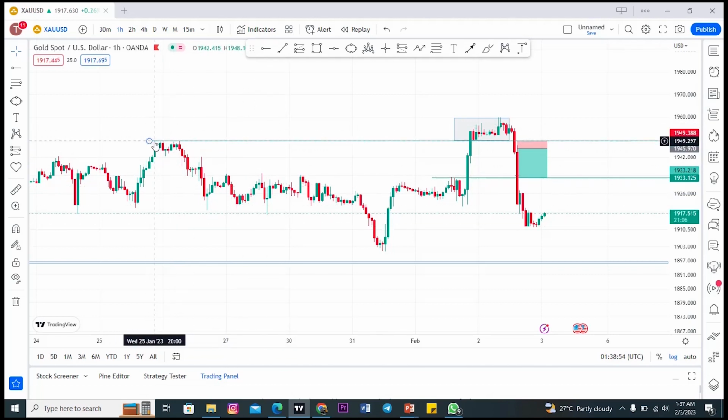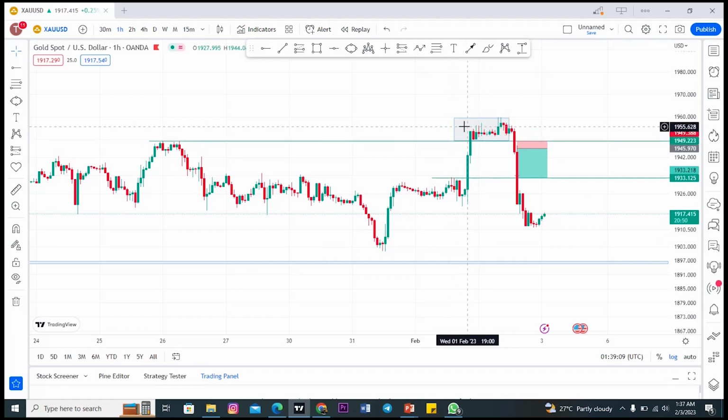This resistance line or zone is simply placed here because when price retests this resistance line or zone again, then I'll be waiting to sell.